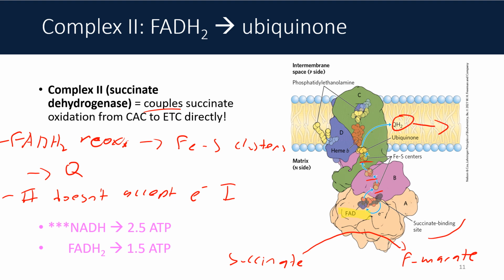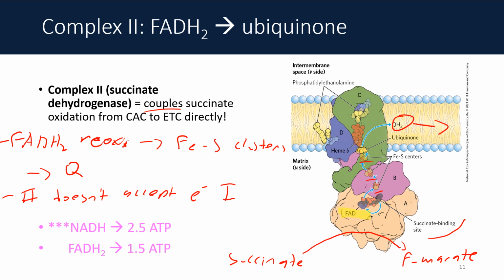And for this reason, FADH2 is considered to be not as energetically valuable. Complex 1, if you remember, has this giant membrane arm that will pump 4 equivalents of protons for every NADH oxidized. There is no pump component to complex 2.